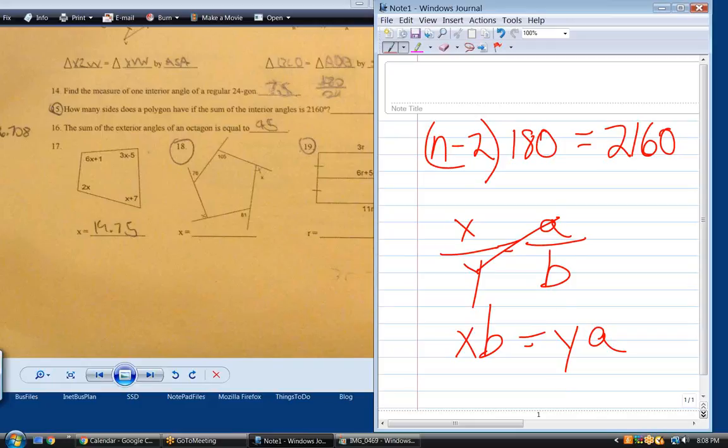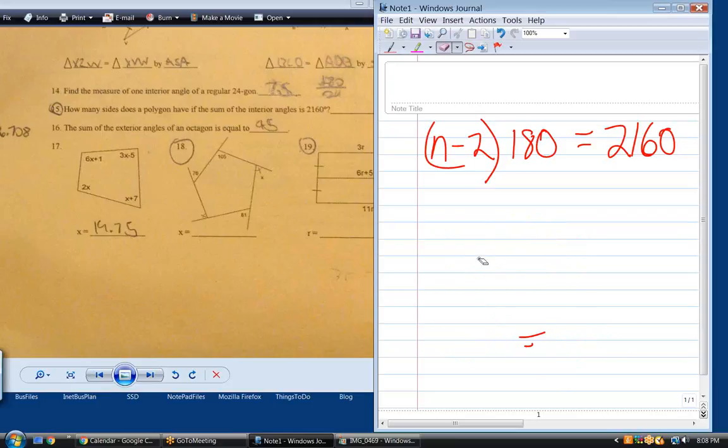But in order to cross multiply, you need fractions. We don't have any fractions. So would we divide? I got two choices. I can distribute the 180 to the n minus 2, or I can divide both sides by 180 and get rid of it real easily.